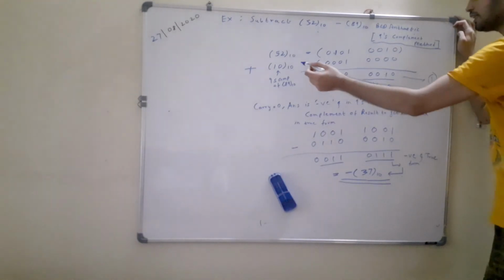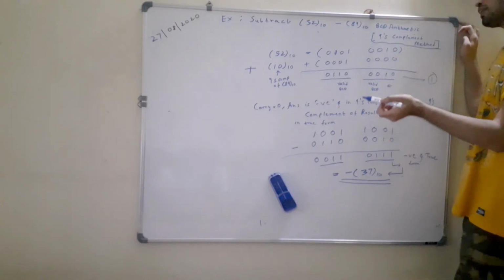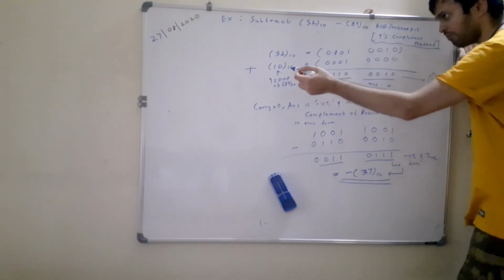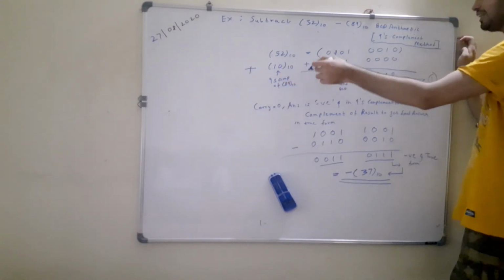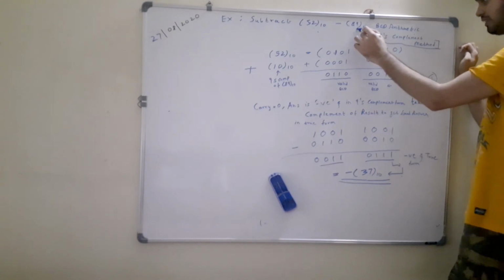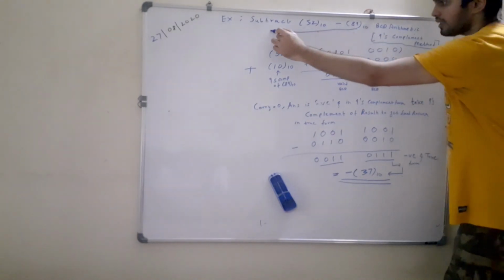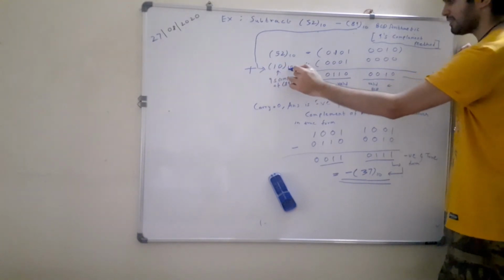So this is the equivalent BCD representation for 52, and this is the equivalent BCD representation of the 9's complement of 89. So what will be the 9's complement of 89? The 9's complement of 89 will be 10 in the decimal number system.